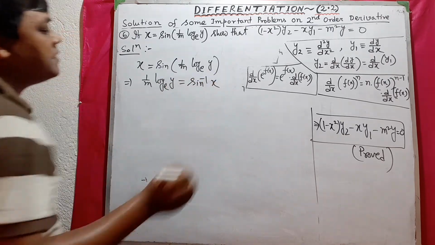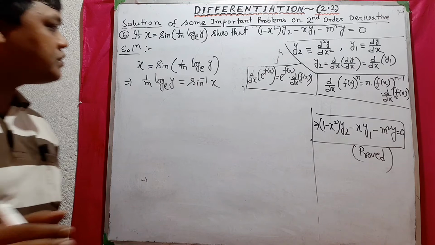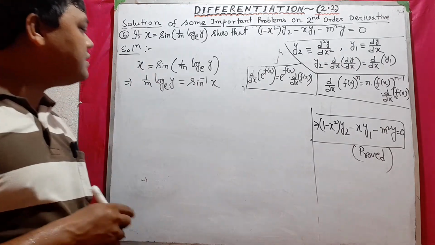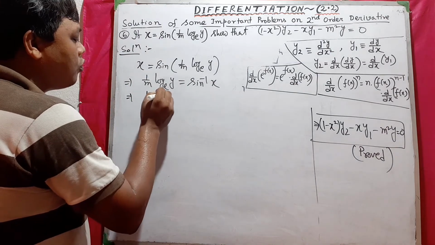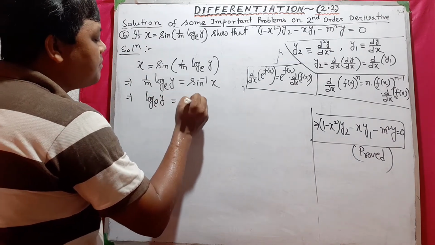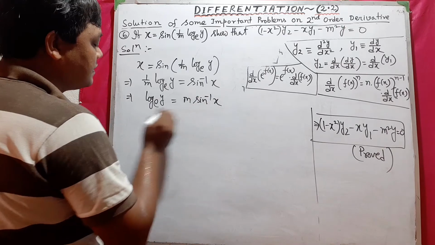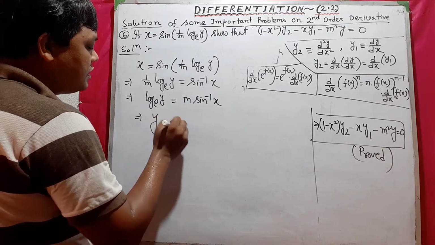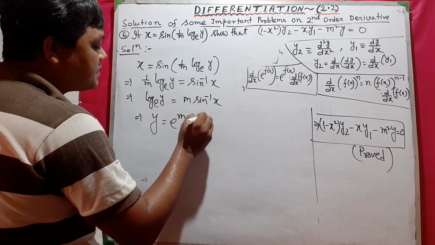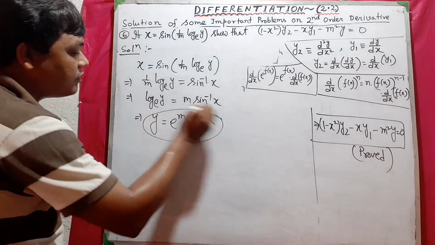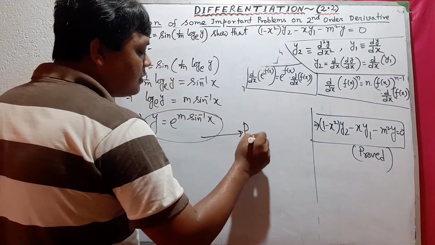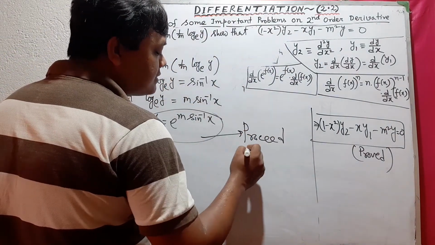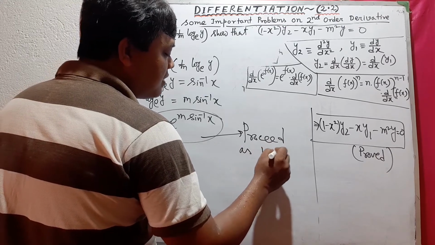If you take the inverse function, sin inverse, on both sides, sin inverse cancelled, so log y base e equals m sin inverse x, and y equals e to the power m sin inverse x according to the logarithm formula, as it is in problem number 5. And proceed as in problem number 5.